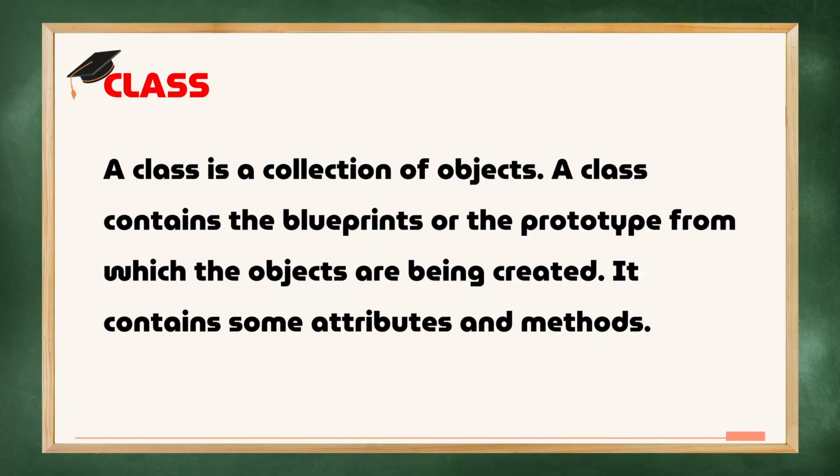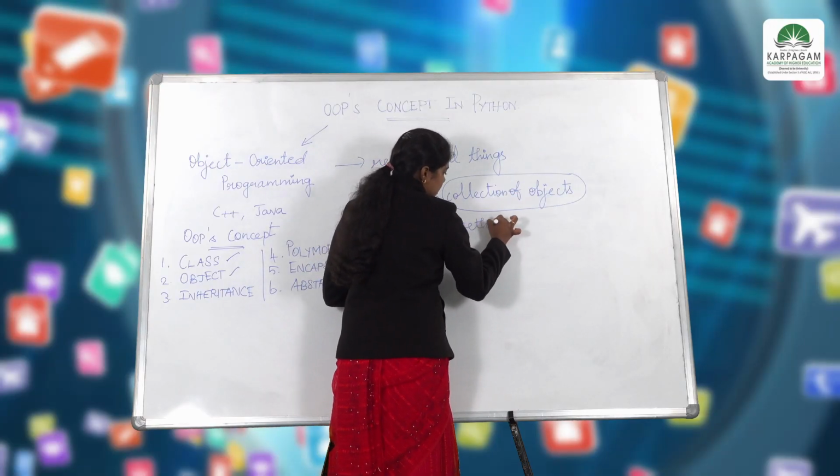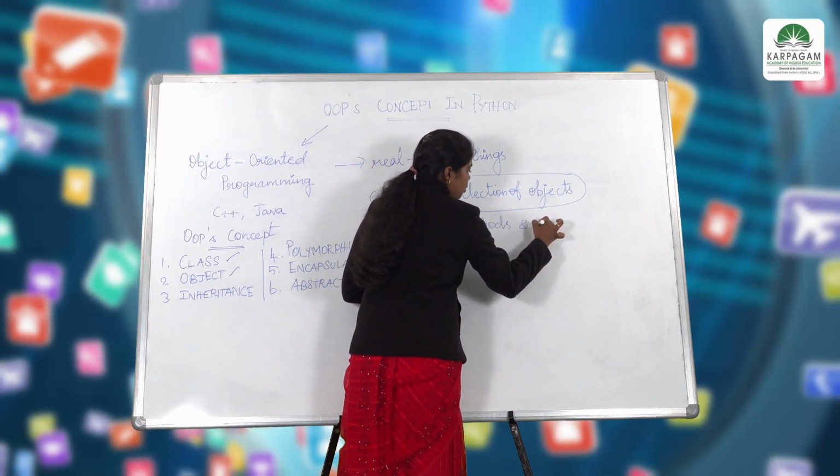Class is the collection of objects. It is the main thing. Classes have several objects, that is the collection of objects, and it consists of methods and attributes.